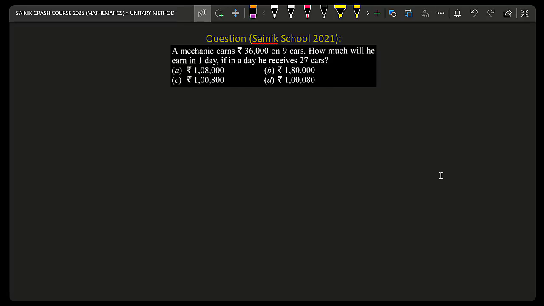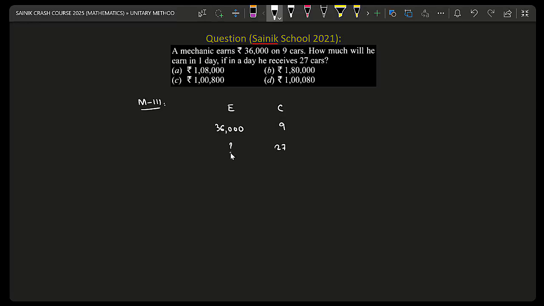Sir, we have to use common sense method. Okay, you're directly going to use method number 3, right? Yes, sir. I'm writing the earnings here and the number of cars here. Okay, that is 36,000 rupees he's going to earn on 9 cars. How much will he earn on that day if he receives 27 cars?